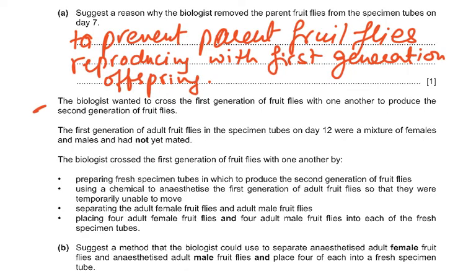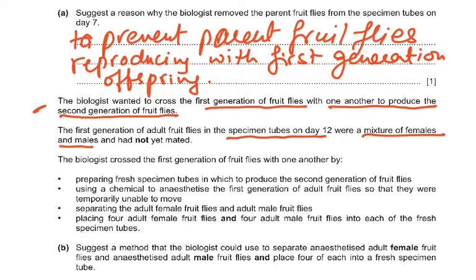Okay, now let's read the next. The biologists wanted to cross the first generation of fruit flies with one another to produce the second generation of fruit flies. The first generation of adult fruit flies in the specimen tubes on day 12 were a mixture of females and males and had not yet mated.